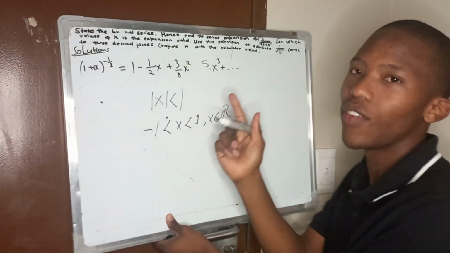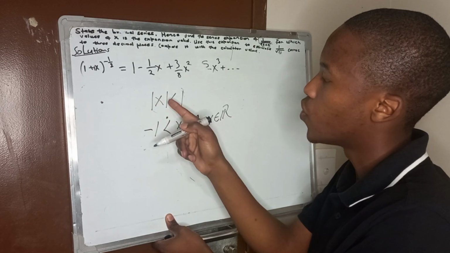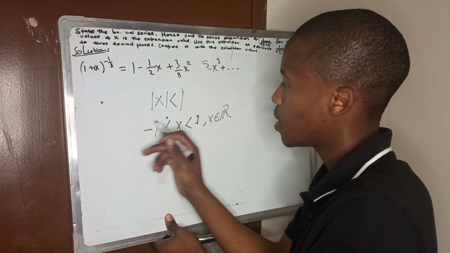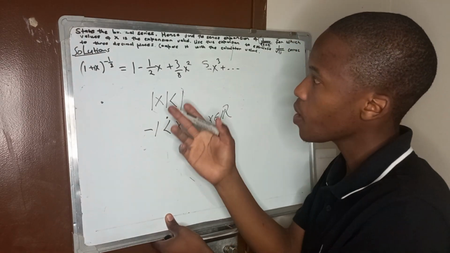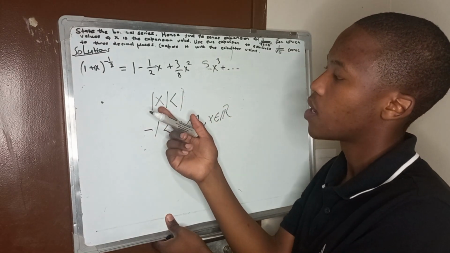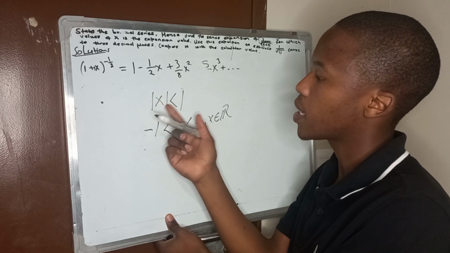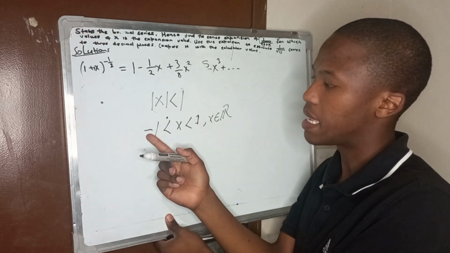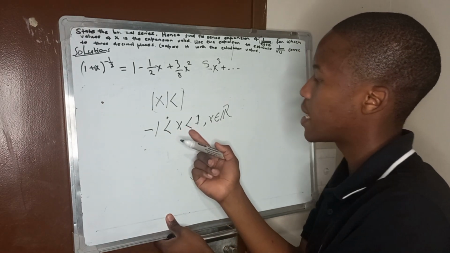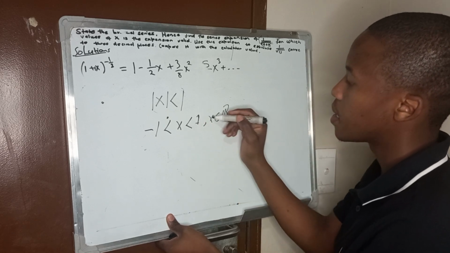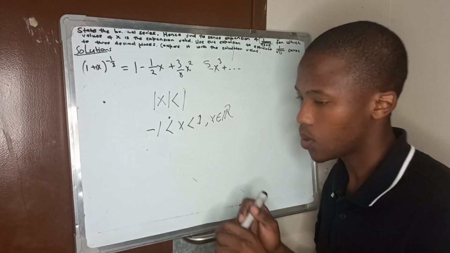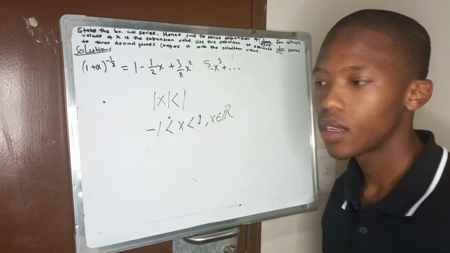This expansion is valid for the values of x where the absolute value of x is less than 1, which implies that -1 has to be less than x, but x should be less than 1, for all x in real numbers, right? So it's always the case now.